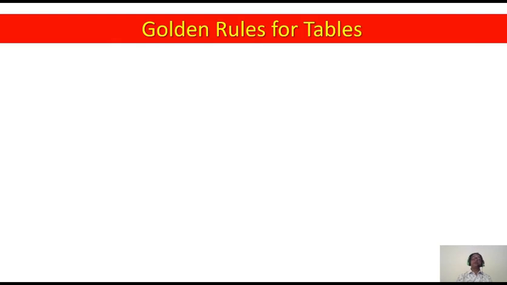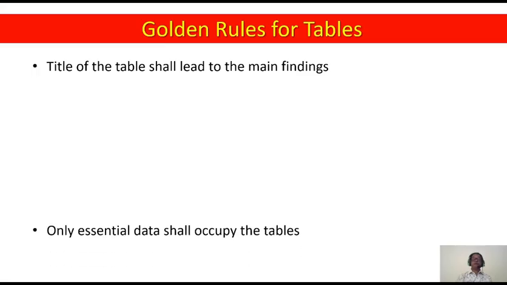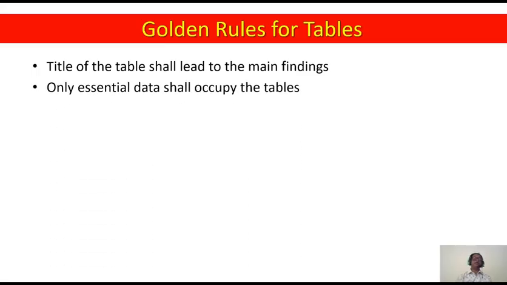Now, golden rules for table formation. Let us look at this. First, the title of the table shall lead to the main findings. Only essential data shall occupy the table. In a particular row and column, in a cell, you may have several types of information to represent, but all of these might not be important for your inference.